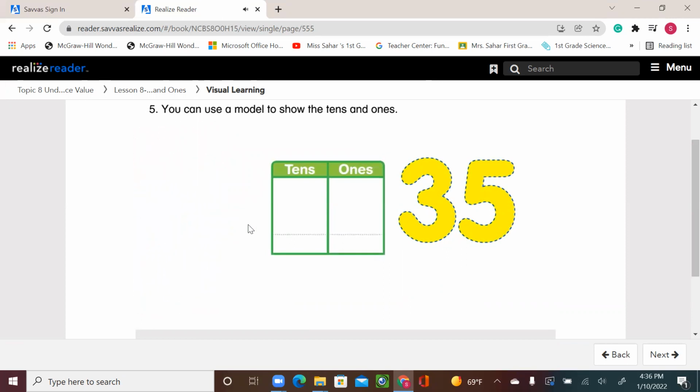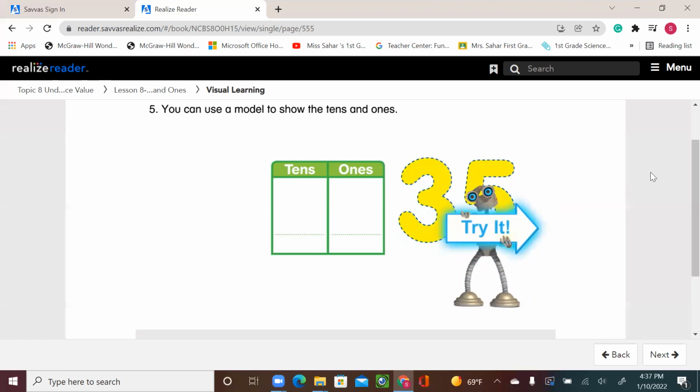You can use a model to show the tens and ones. All right, so I know that I have 35. I know that I have 3 tens, and the ones are 5.